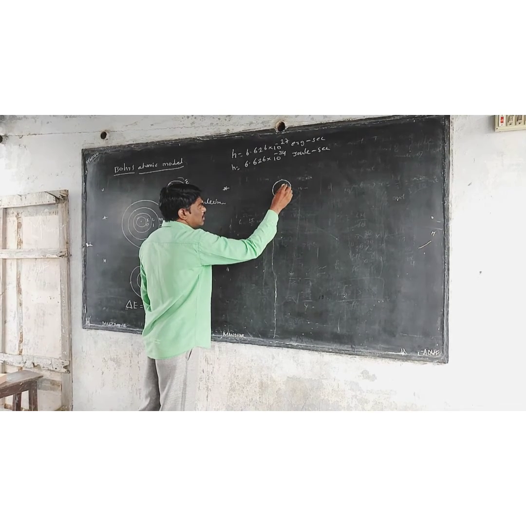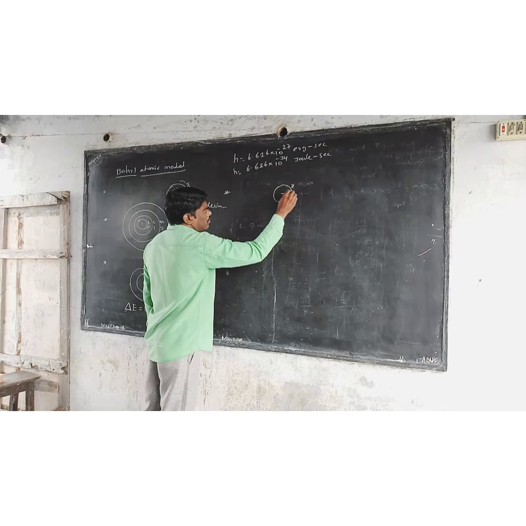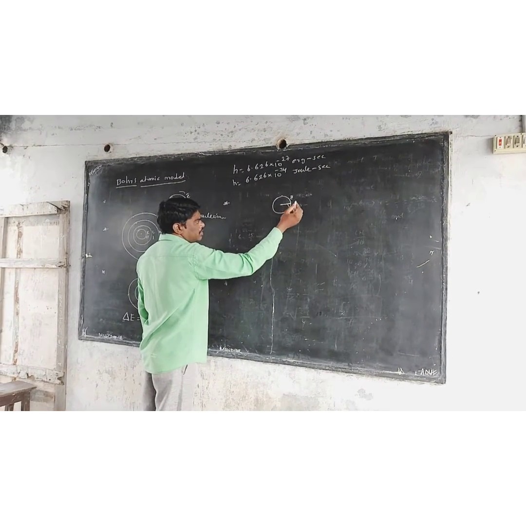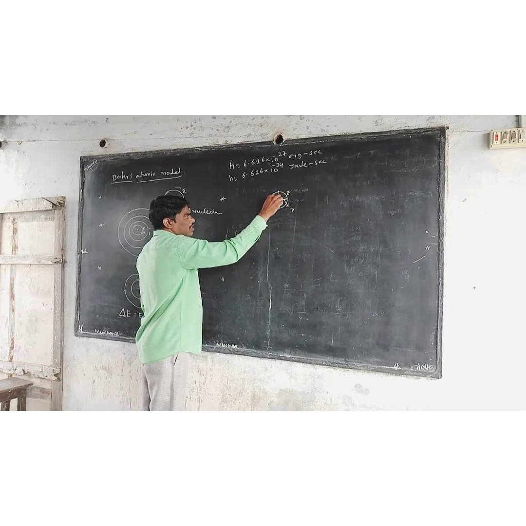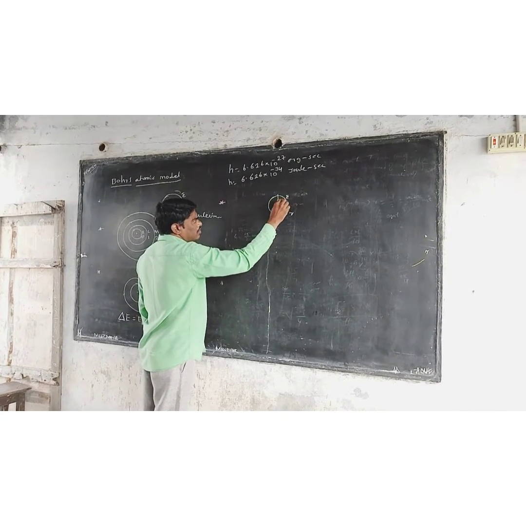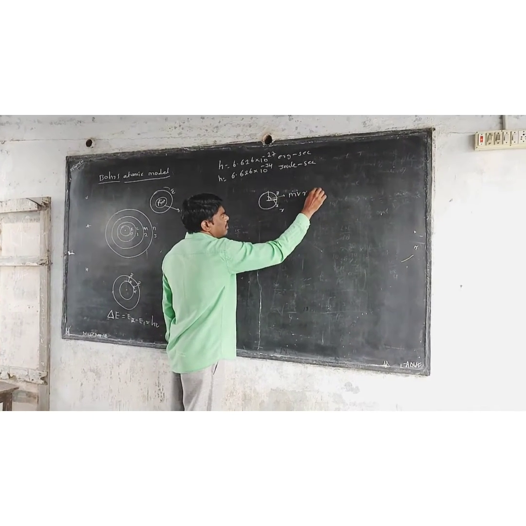The fourth merit is that electrons revolve around the nucleus, making some angle. The distance from the nucleus to the outermost orbit is called the radius, represented by small r. The electron moves from here to here, making some angle. This is called angular momentum: mvr is equal to nh by 2 pi.